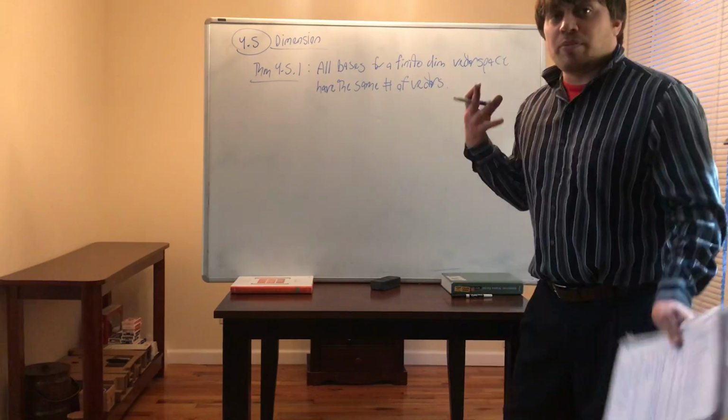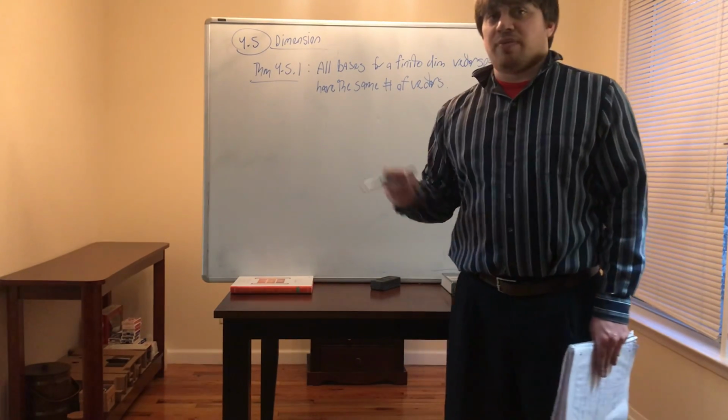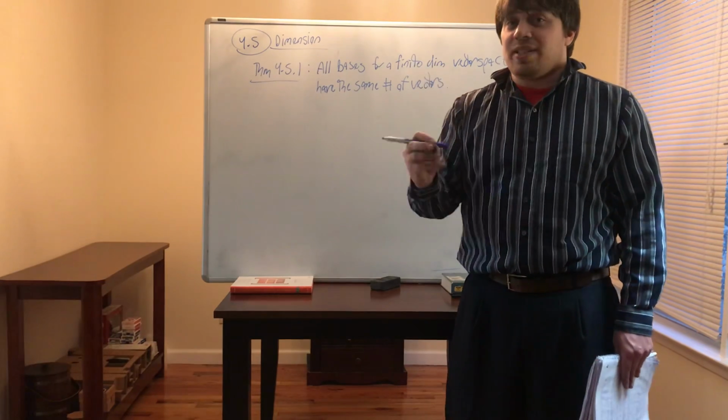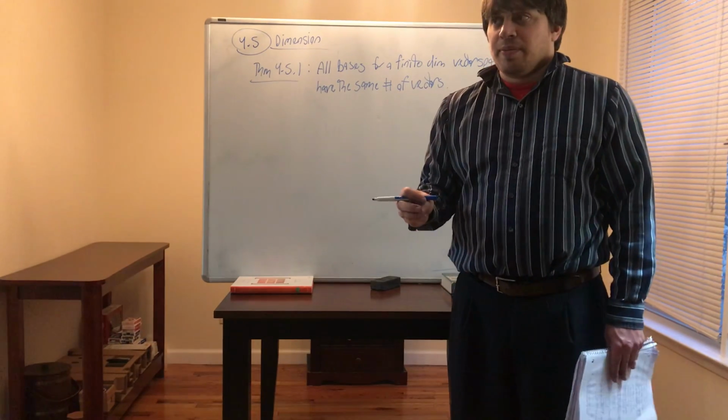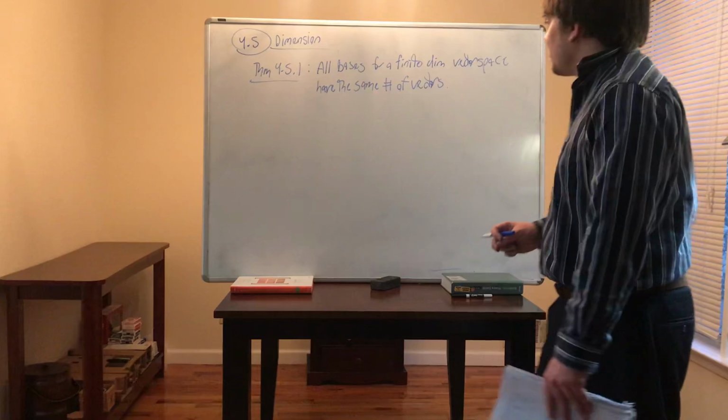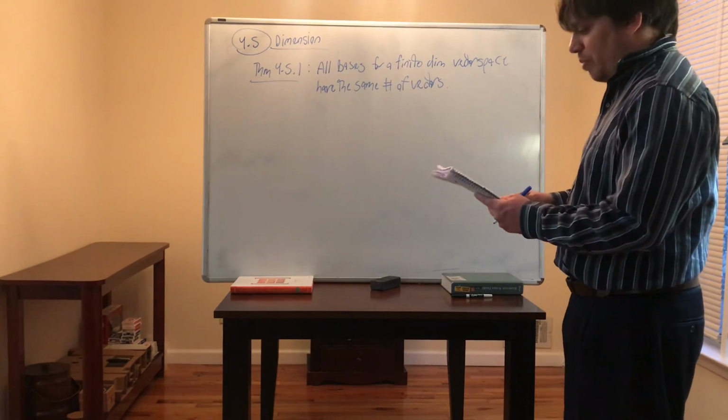So even though you can have more than one basis for a vector space, in fact infinitely many bases for the same vector space, they all have to have the same number of vectors in them. Okay? That's theorem 4.5.1.